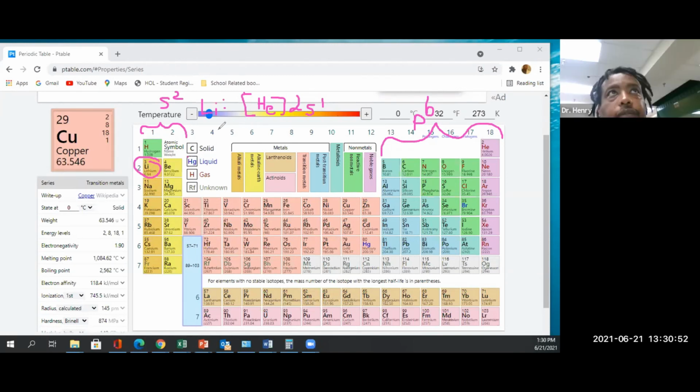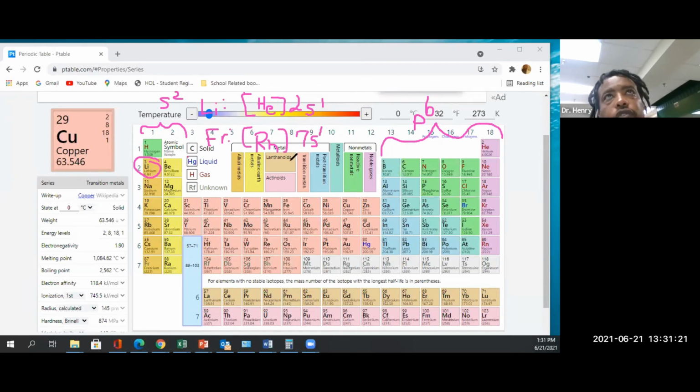Now francium, if you're writing the electron configuration for francium, what is its noble gas? Rn. And then we would write 7s1.